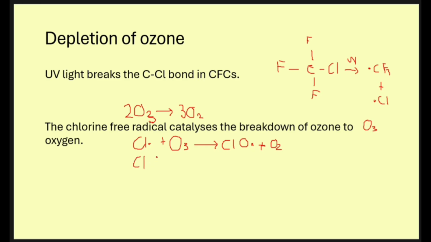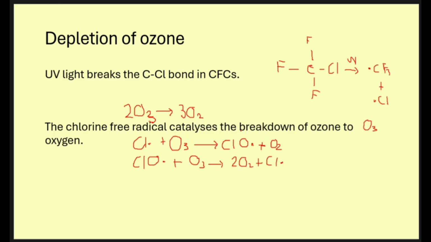So the ClO radical then bonds to more ozone in the ozone layer and creates 2 molecules of oxygen, so that we've got 3 overall here now, as well as another chlorine radical.